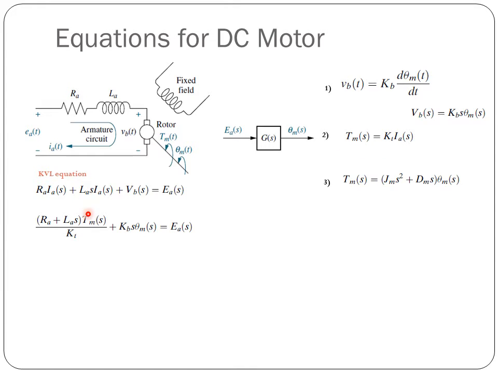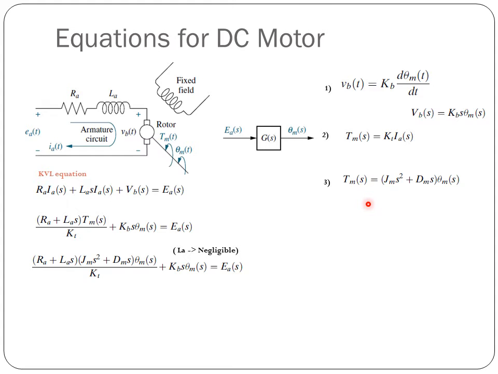So we replace it with Tm divided by Kt, and in this case we can actually neglect this La, which is much less compared to Ra, so we can neglect this. Anyway, we can rewrite this equation by replacing Tm with this term, that is theta m into Jm s square plus Dm s.